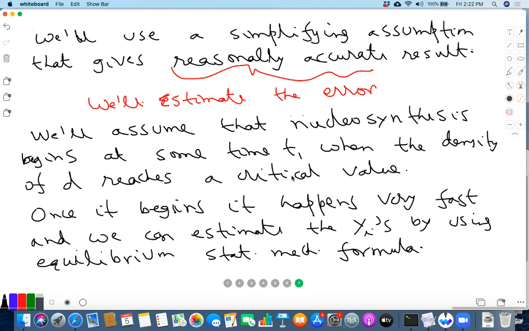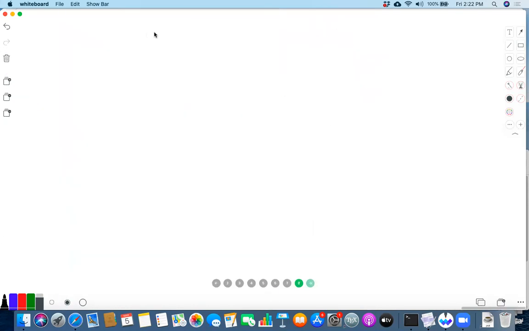So basically this means that it involves two steps.